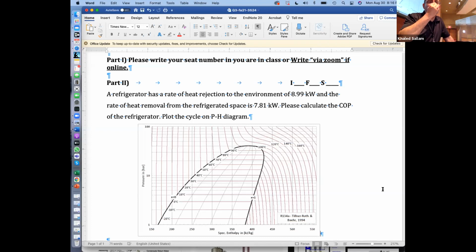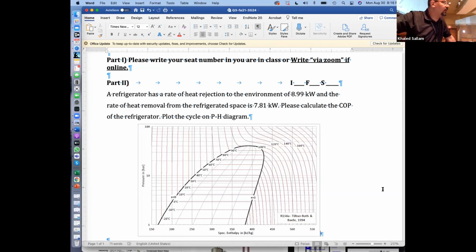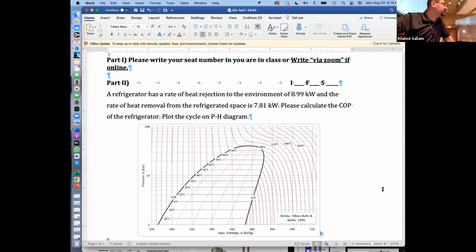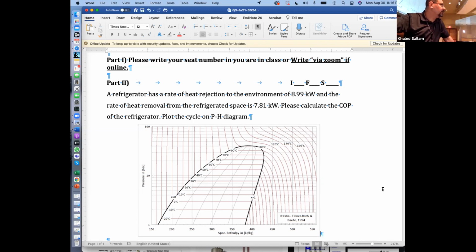No, because of the difference between them. What's the difference between QH and QL? Why is one of them 8.99 and the other one 7.81? What's between them? Work. Work is between them, right? You add work to QL and you get QH.